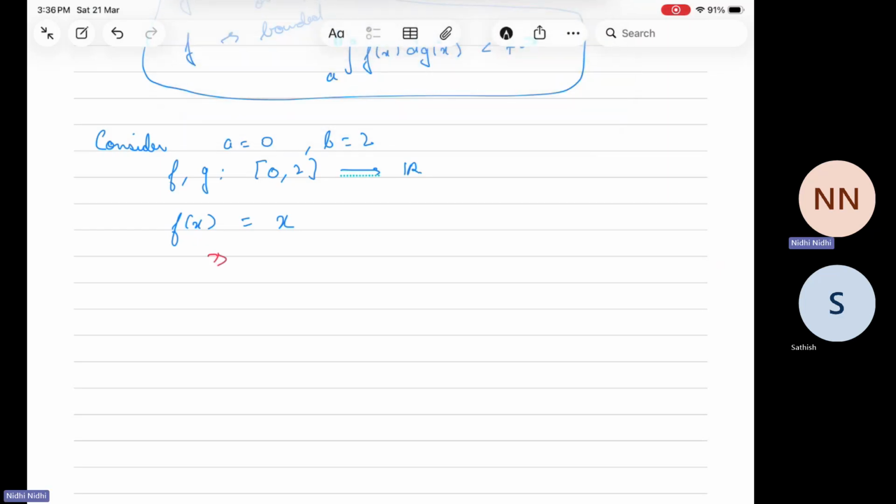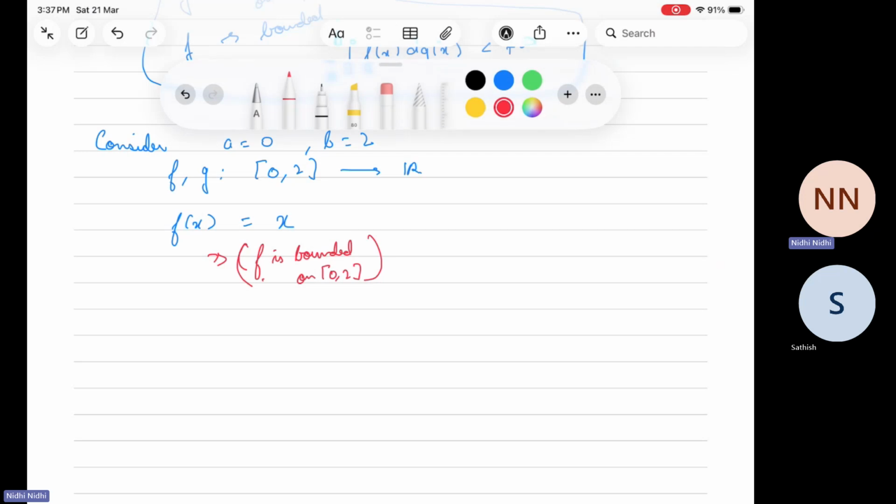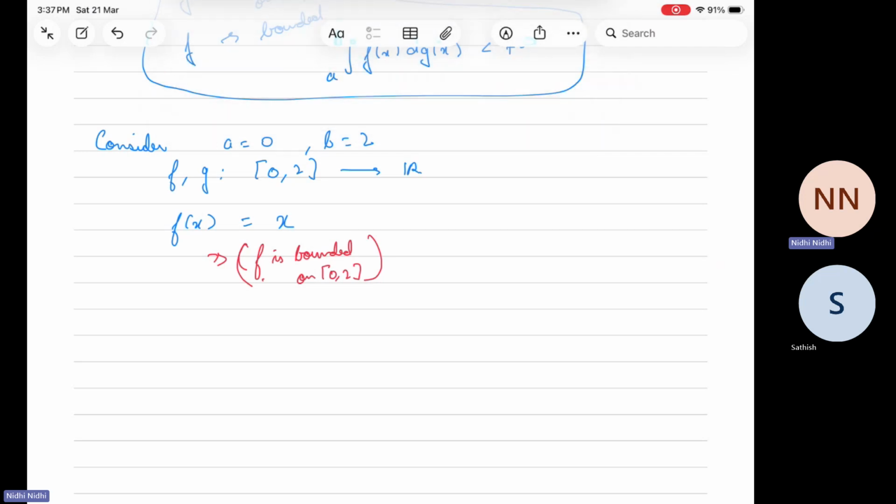That's the only requirement according to the problem, that f is bounded on the closed interval [0, 2]. They're saying that f is integrable if and only if g is continuous, but we can say that even if f is bounded, g need not be continuous. So I'll cook up an example of the function g which is not continuous.